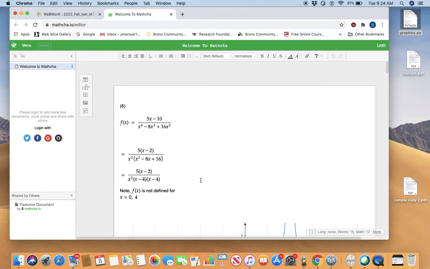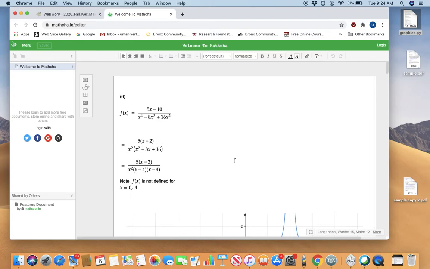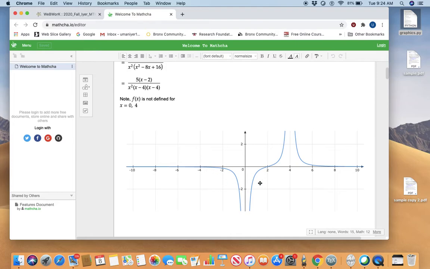All right. Now you have learned in pre-calculus how to graph something like this. 0 and 4 will give you vertical asymptotes, and then you just have to figure out where it's above or below the x-axis. I have drawn the picture here using Matcha.